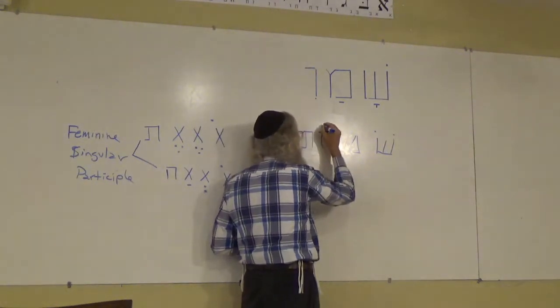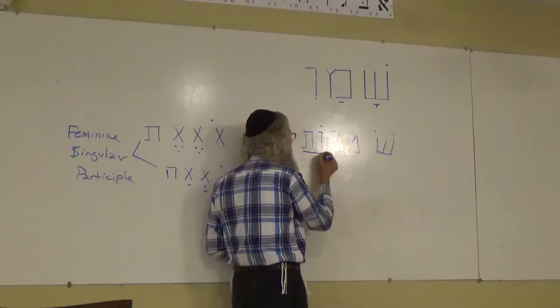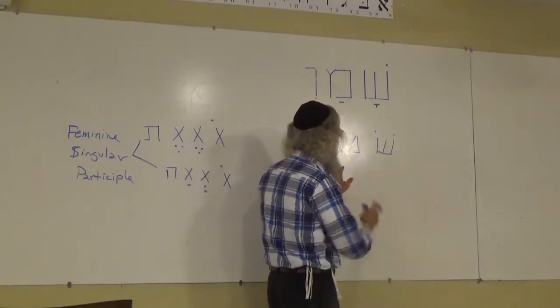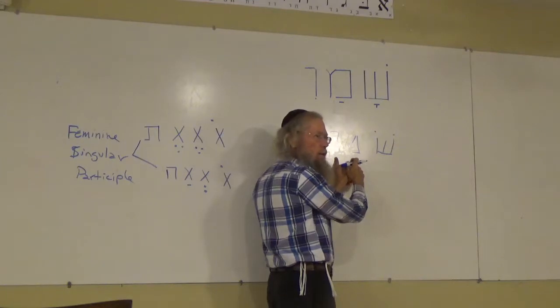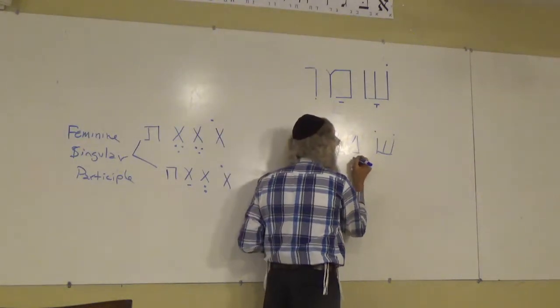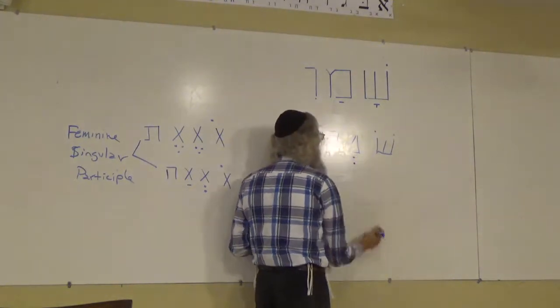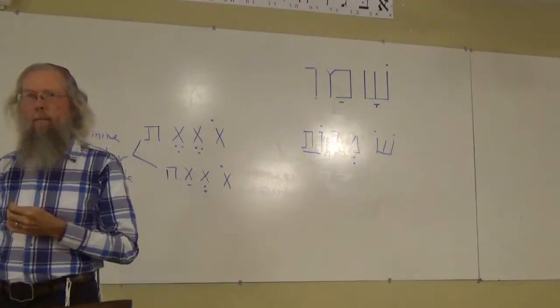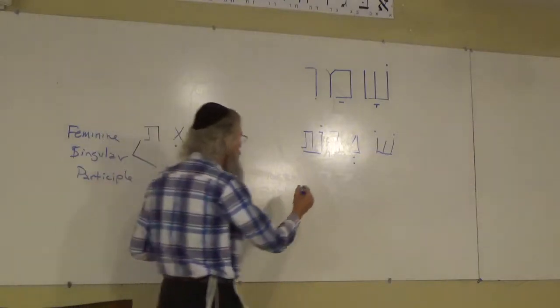Vav cholem. Okay, so this is new. Now you've got two vowels next to two consonants next to each other. Sheva. Shomrot. Very good.